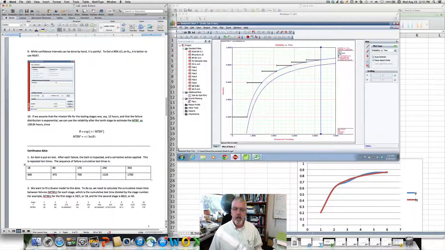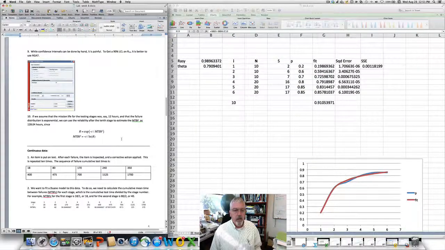Another calculation I'm asked to do is this: let's say that the mission we did this testing on is not strictly a one-shot system. Let's say it's a 12-hour mission, and we're counting successes and failures against this 12-hour mission. If we wanted to calculate the mean time between failure based on that 12-hour time, we can say our reliability is equal to e to the minus t over MTBF.